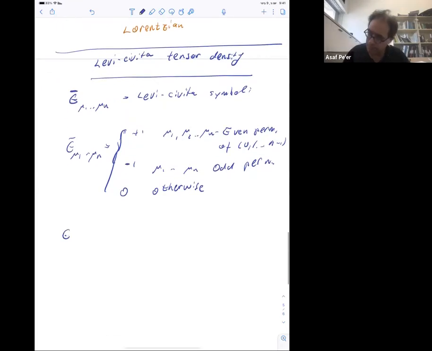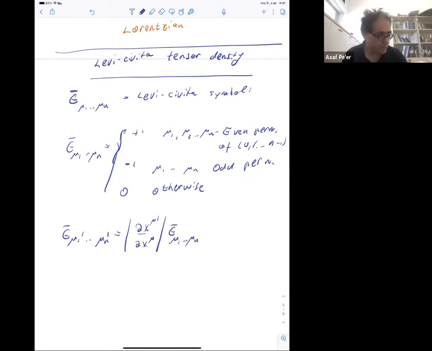So epsilon mu_1 prime ... mu_n prime is the determinant of dx^mu prime over dx^mu times epsilon mu_1 ... mu_n times the transformation dx^mu_1 over dx^mu_1 prime, dx^mu_2 over dx^mu_2 prime, up to dx^mu_n over dx^mu_n prime.